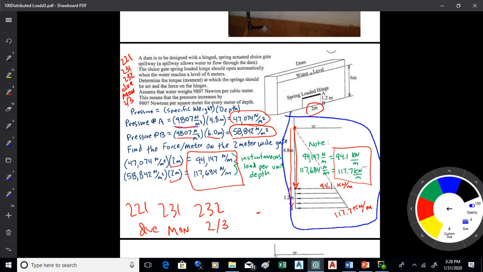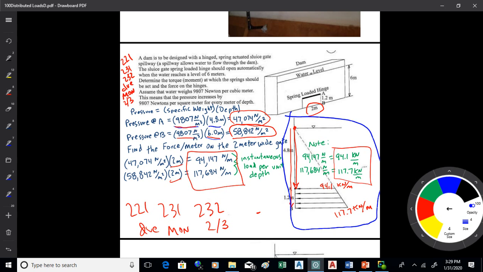The way you get from the specific weight to the pressure exerted is you multiply the specific weight by the depth. The specific weight of the water is 9,807 newtons per cubic meter. If we multiply that by the depth of the top, which is 4.8 meters, and then again by the depth of the bottom of that gate, which is 6 meters, we'll come up with the pressure. At the top of that gate, we have 47,074 newtons per square meter.